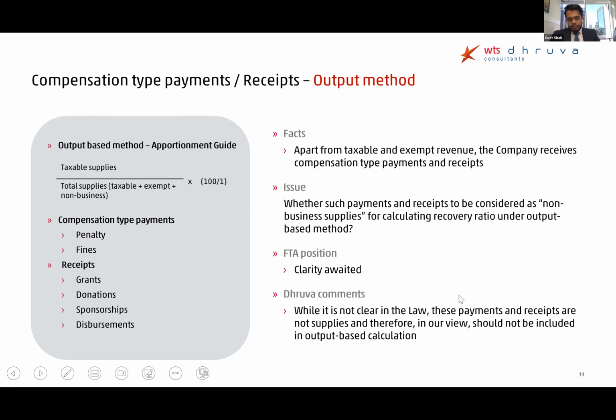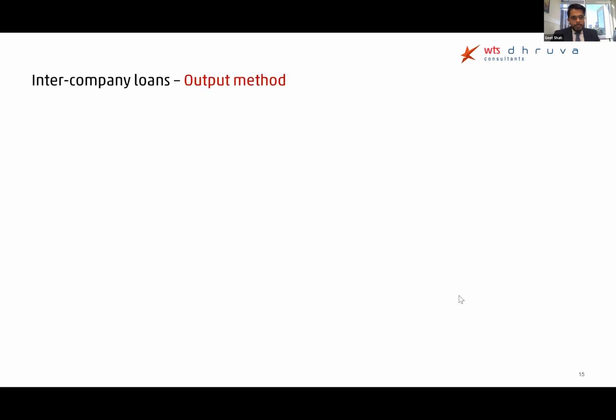But in our view, these payments or receipts are not supplies. These are out of scope, and technically there is no supply being made by the company. And therefore, this should not be included in the output-based calculation, because if you look at the formula, it talks about supplies. And the compensation that we receive is not a supply, so to say, and therefore it should not be included. So, yeah.